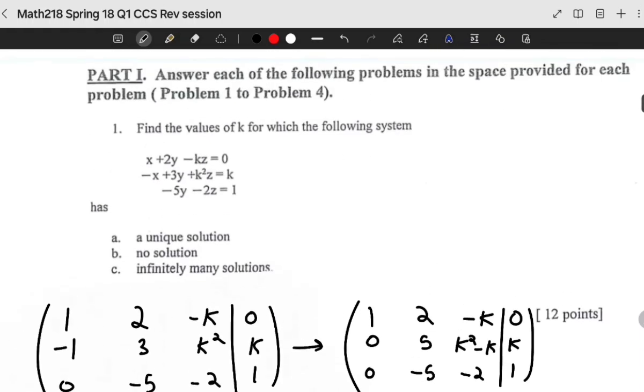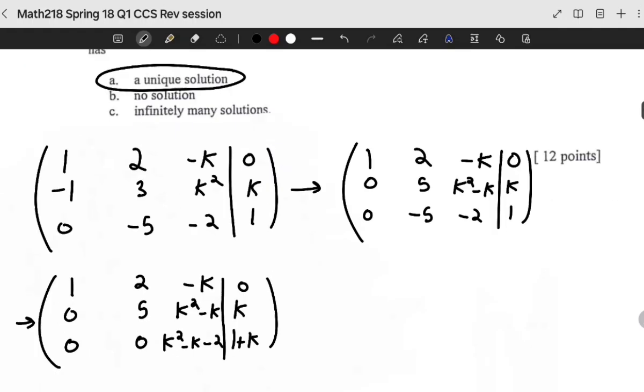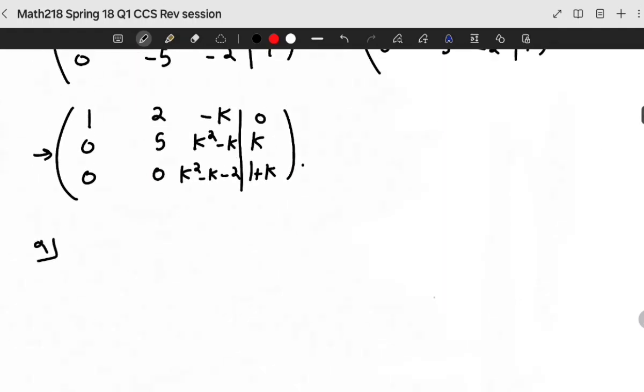Now for part A, we want to see what values of k guarantee that the system has a unique solution, and usually we focus on the last row to answer such questions. So in this case, to guarantee that we have a unique solution, we have to guarantee that this value is not equal to 0.